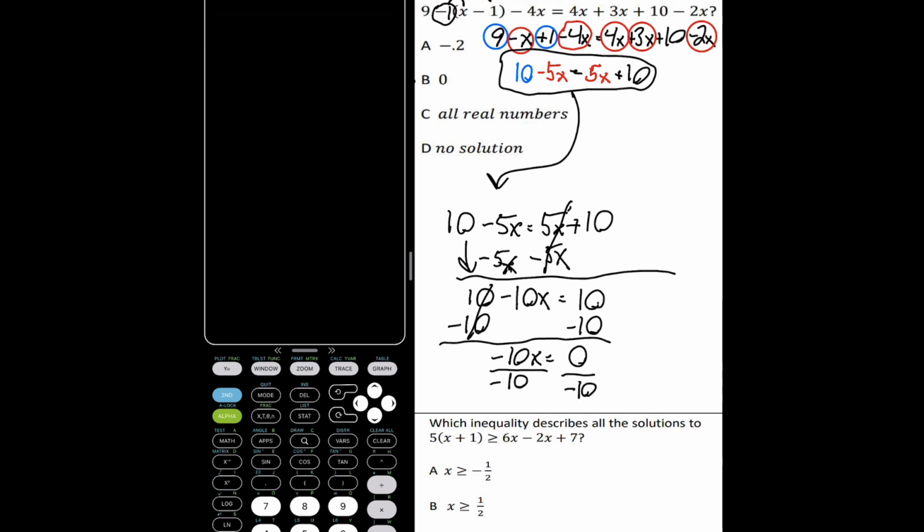Again, if you're unsure, you can use your calculator, but 0 divided by anything is always going to be 0. You can punch that into your calculator. 0 divided by negative 10 equals 0. So x equals 0. So my answer is B, 0.